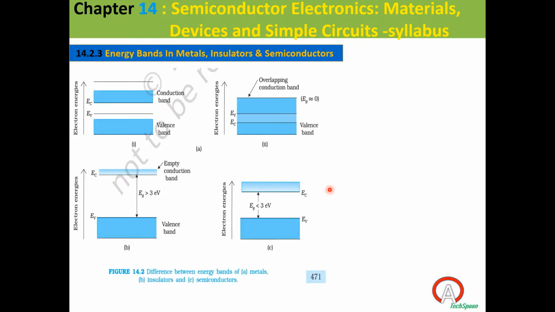Which has the lowest forbidden energy gap: metal, semiconductor, or insulator?